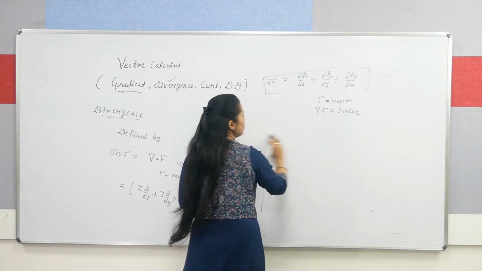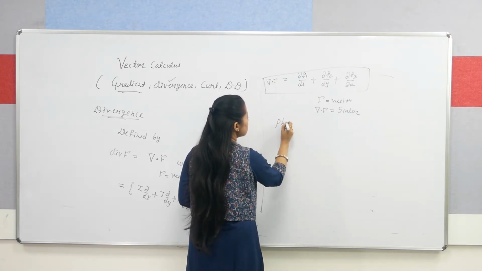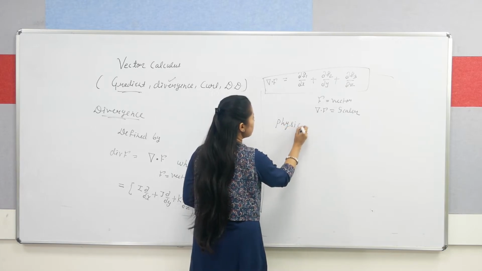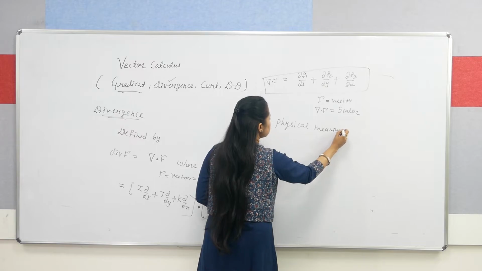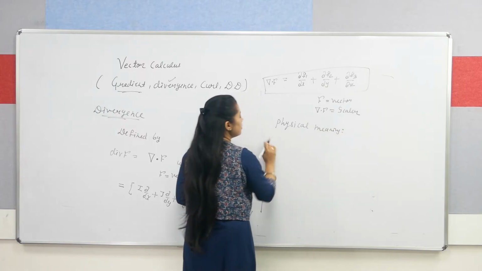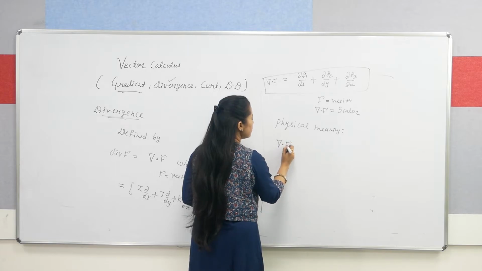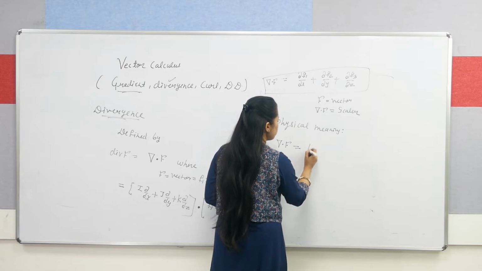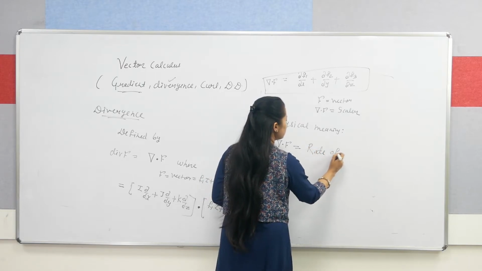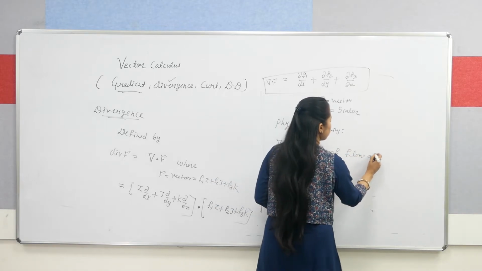Now, what is the physical significance of divergence? Divergence of F gives us the rate of flow of a fluid.